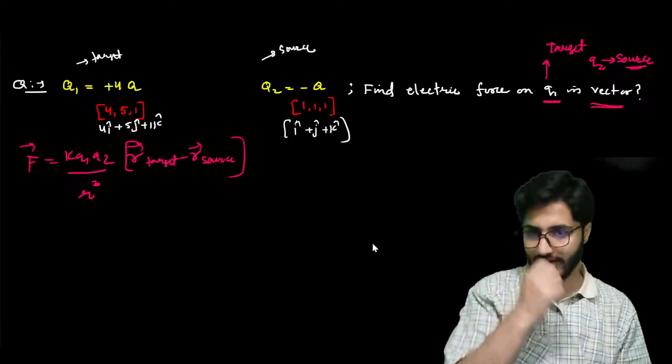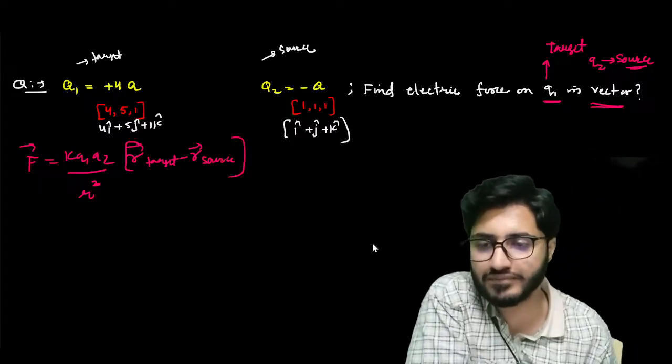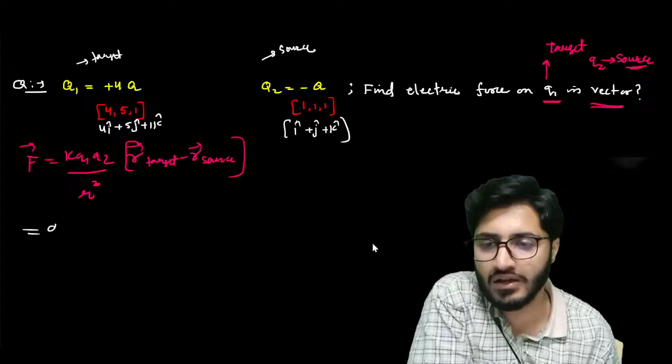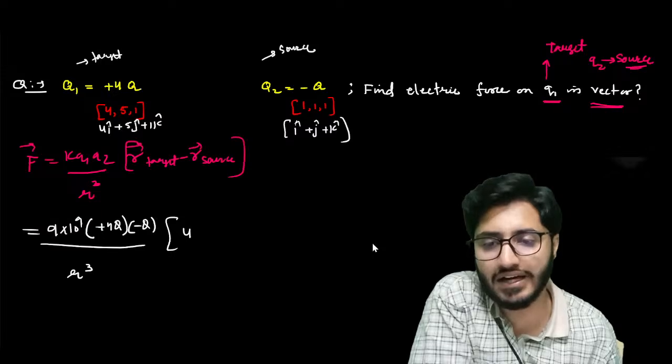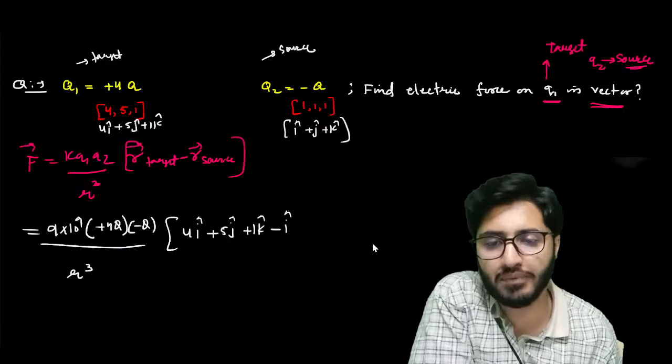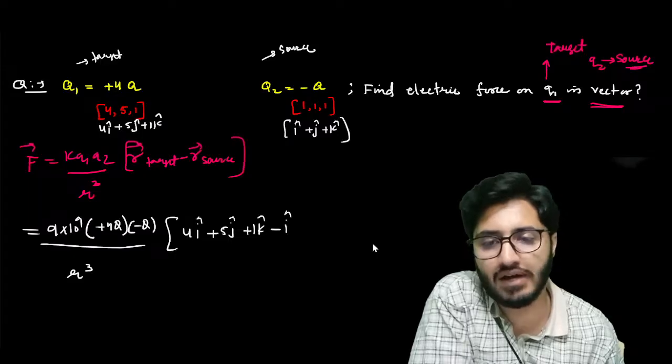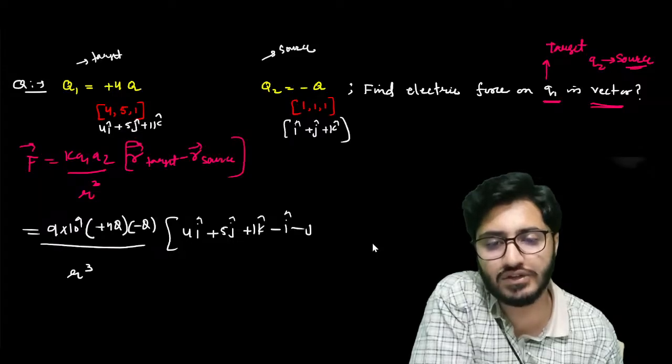So I will write here K is 9 times 10 to the power 9, Q1 is plus 4Q, Q2 is minus Q. R target is 4i cap plus 5j cap plus 1k cap, minus (i cap plus j cap plus k cap).